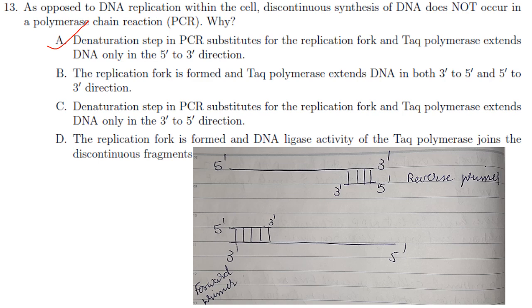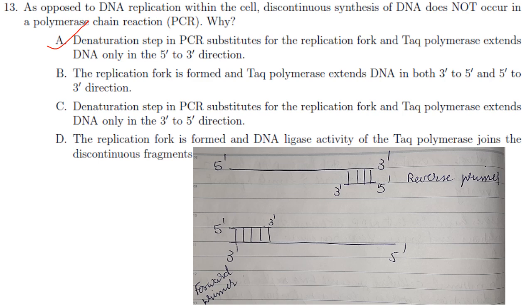And each replication fork has a leading strand that is synthesized continuously in the 5' to 3' direction, and another strand called the lagging strand, which is synthesized discontinuously in short fragments called Okazaki fragments. DNA polymerases in the cell work unidirectionally, adding nucleotides only in the 5' to 3' direction. This is what happens in normal cellular conditions.